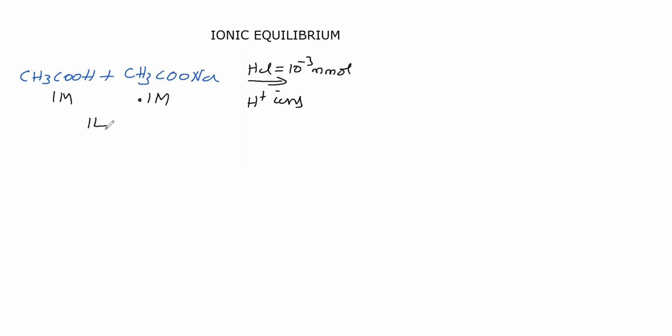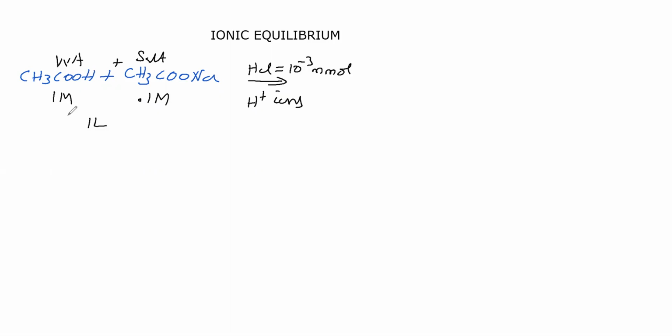First we will see what is the pH of this buffer solution. How to find the pH of a buffer solution, that we will see. In this buffer solution, acetic acid is present and sodium acetate is present. Acetic acid is a weak acid and sodium acetate is a salt of this weak acid and a strong base.